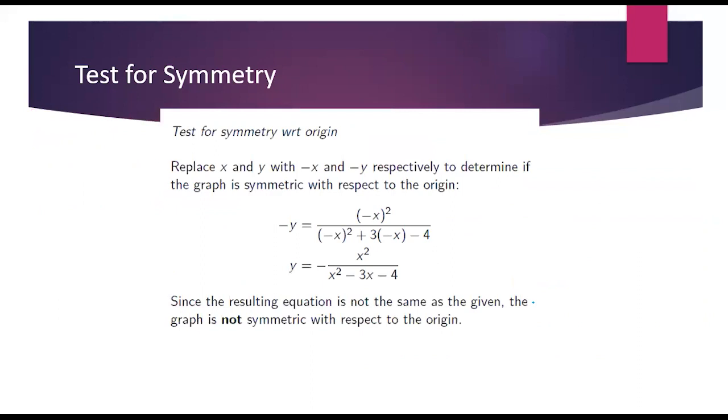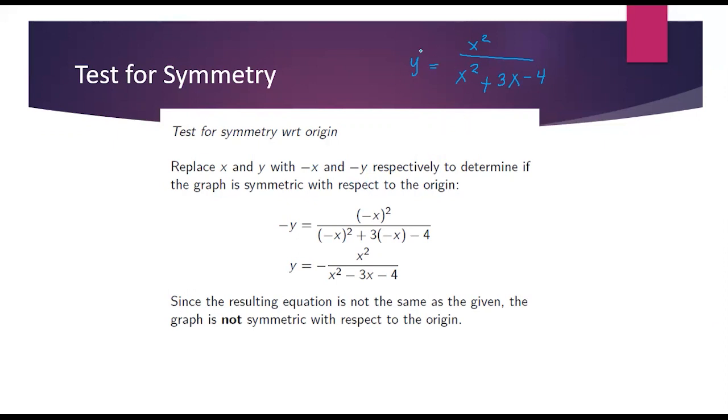How about the test for symmetry with respect to the origin? Again, I will write the original equation: y is equal to x squared over x squared plus 3x minus 4. What is the technique here? You replace x and y with negative x and negative y.